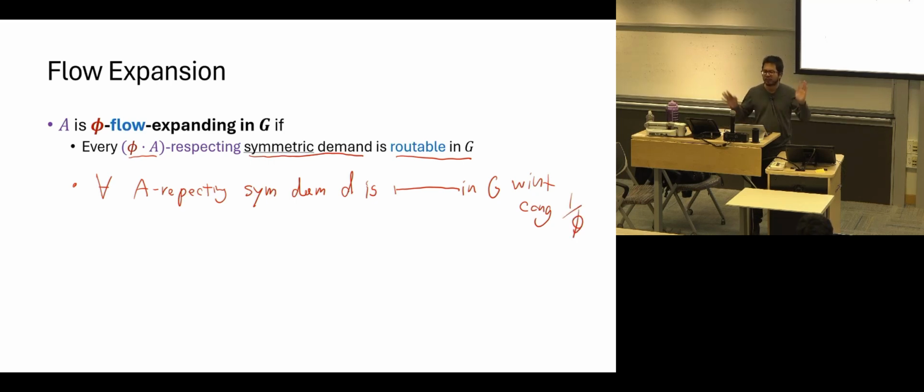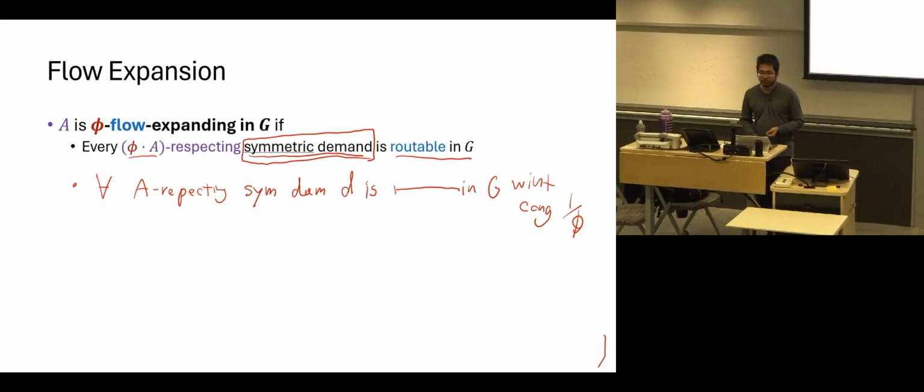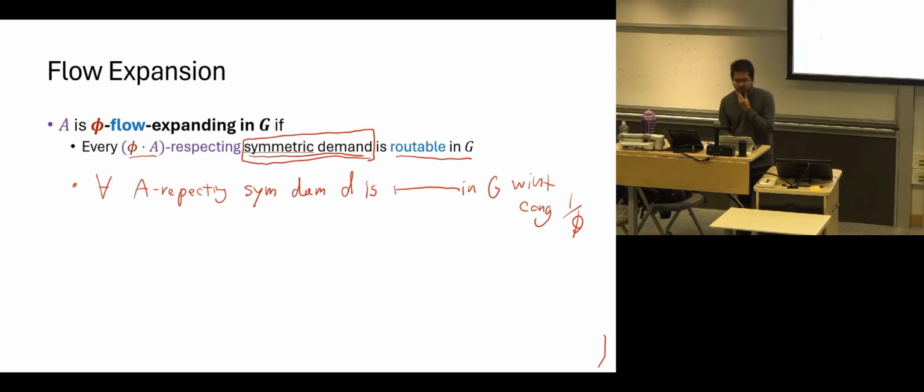So it's just the same notion, except that I insist on only trying to route symmetric demand. Questions?